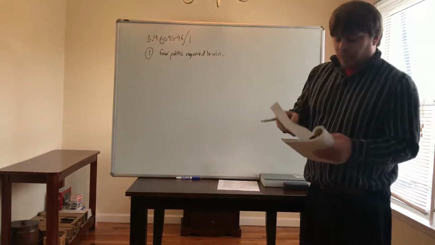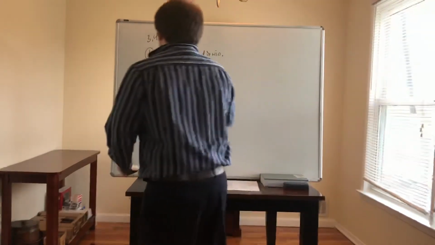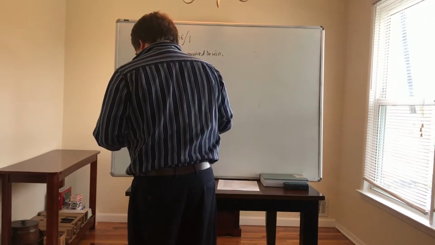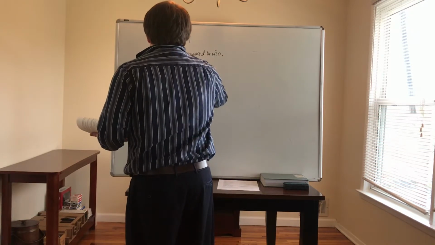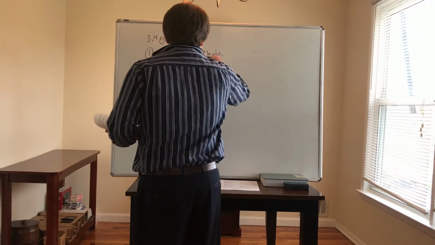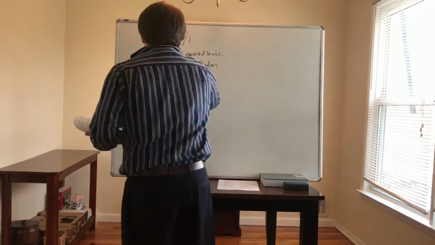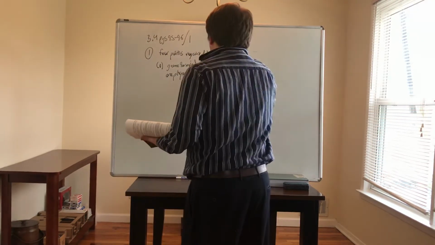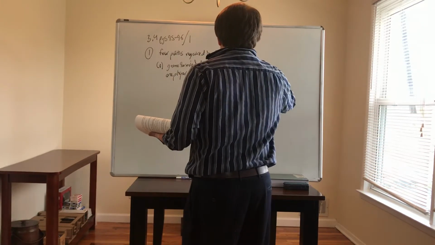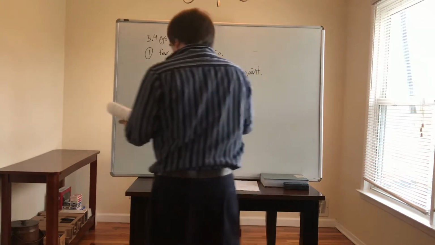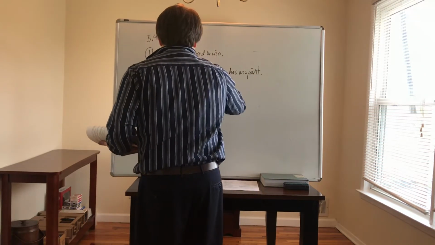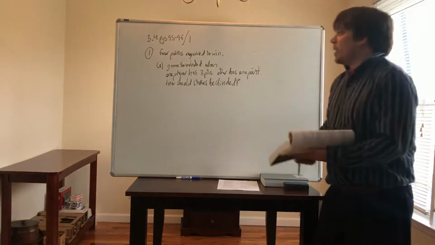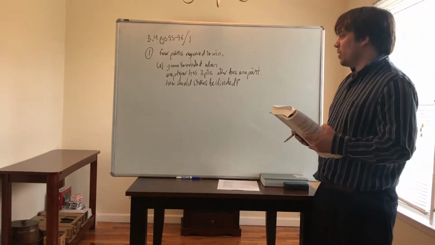In part A, if a game is terminated when one player has 3 points and the other has 1 point, how should the stakes be divided?